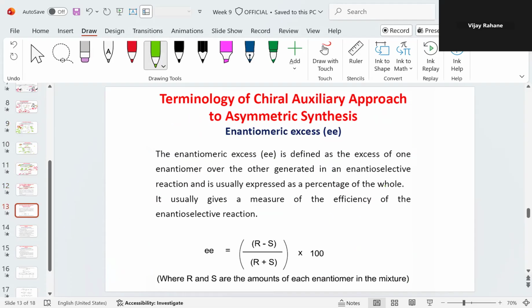The next term we have used is the enantiomeric excess. So what is enantiomeric excess? Basically, enantiomeric excess refers to the excess of one enantiomer over the other generated in an enantioselective reaction.